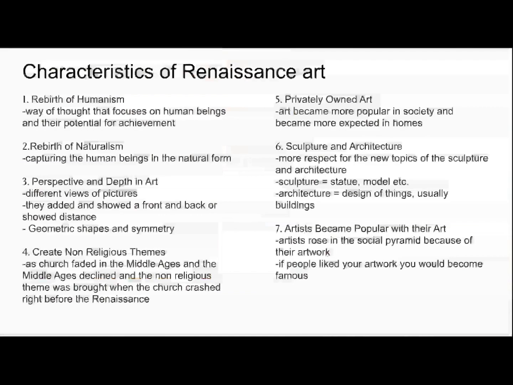So number one, looking at human beings. What are humans capable of? What have humans done? So that's very much that humanism that we've talked about before. The second one is painting or sculpting humans as they actually look, so their natural form.